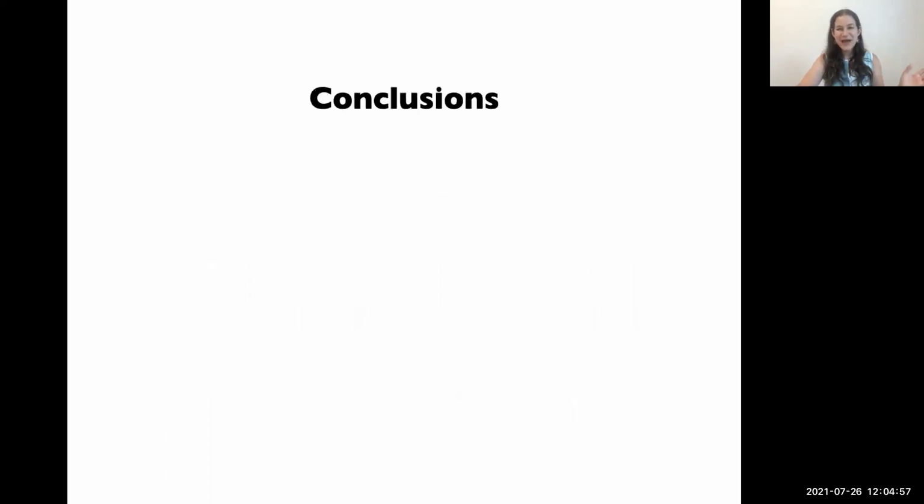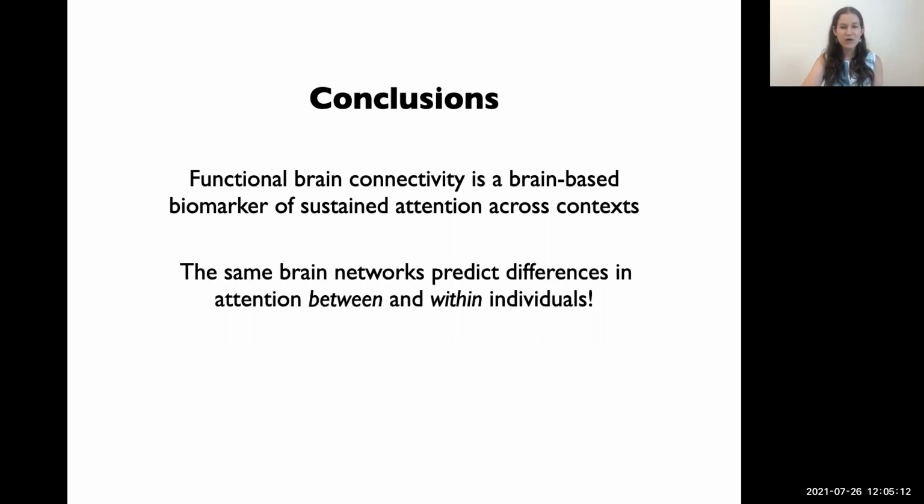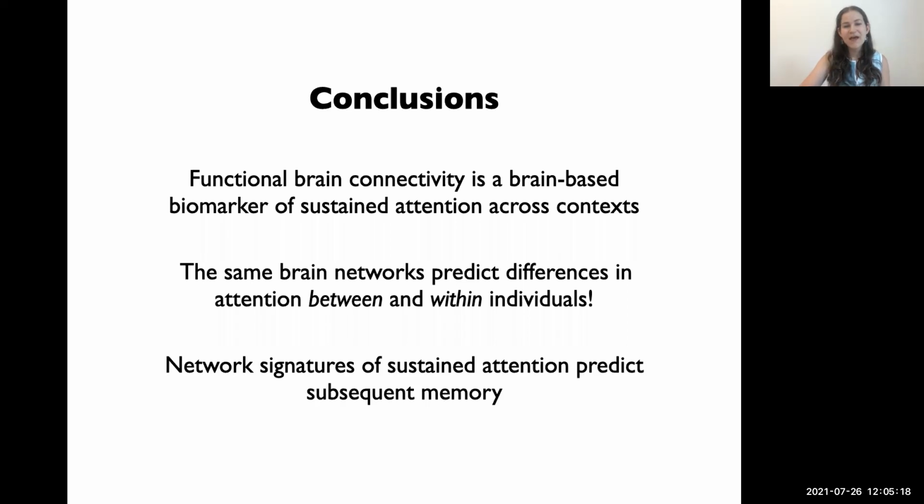And so just to zoom out, I've argued that functional brain connectivity can be used as a brain-based biomarker of sustained attention across different participant populations and data sets and contexts. And furthermore, that the same brain networks predict differences in attention both between people, but also within the same individuals. And finally, network signatures of sustained attention predict subsequent memory.